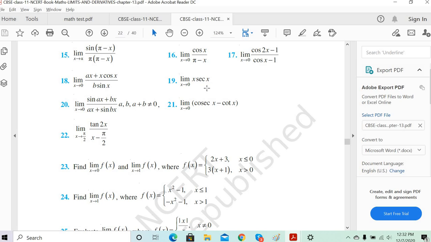So I'm getting it as 0. You get the answer as 0? Yeah, correct answer, Tanisha. So basically, in the denominator, when we get sin x, we also have to multiply and divide by x, right? Yes. So in the denominator you will get 1, since sin x by x is 1.